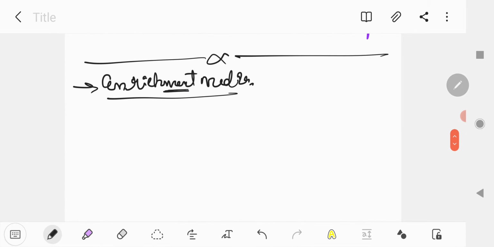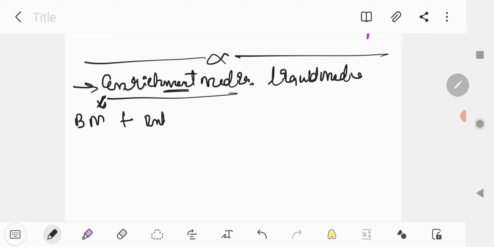So what is enrichment media? It is a liquid media. First point, it is a liquid media, and here we have to take basal media as the main base plus inhibitory agents. And in the enriched media, we take basal media plus enriched nutrients to promote the growth of the particular bacteria.